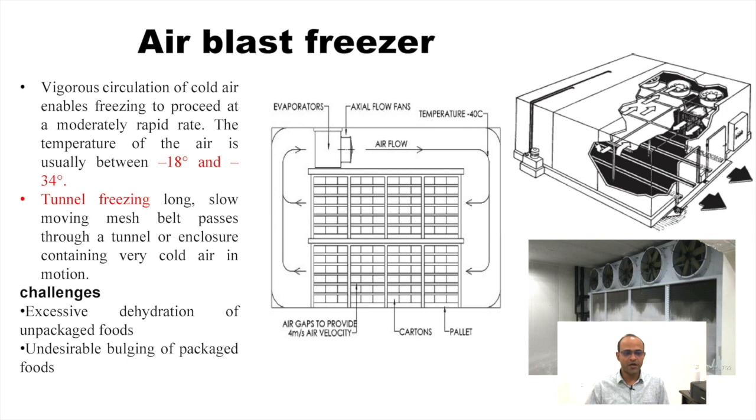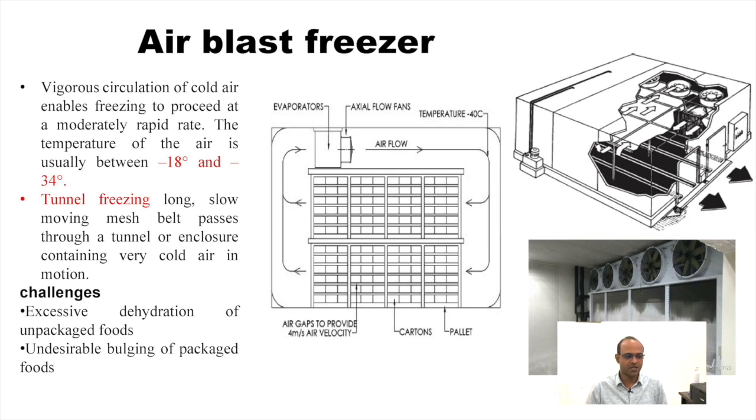There is also a continuous type process wherein we use tunnel freezers. You have a long slow moving mesh belt, which is made to pass through an enclosure, and the air is made to pass through using fans. This is a schematic of a tunnel freezer, wherein the speed of the belt can be controlled, and this is the actual view of a batch type air blast freezer.